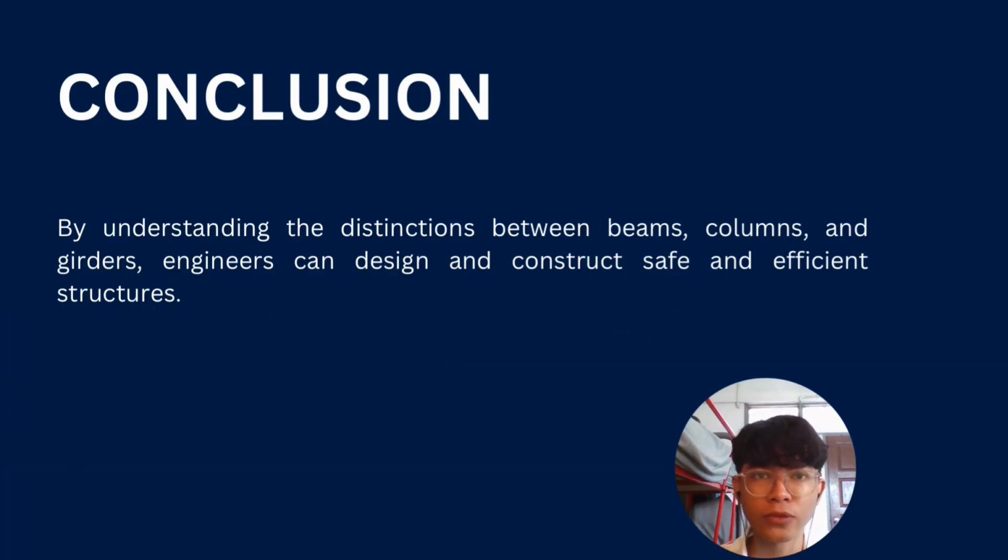So before we go into the conclusion, I will explain in an easier way for the viewer to understand what beams, columns, and girders are. Imagine building a giant Lego tower. The tall, sturdy Lego bricks are like the columns, holding up the whole structure, and the beams are like the shorter bricks that connect the columns and spread out the weight of the Lego pieces on top.